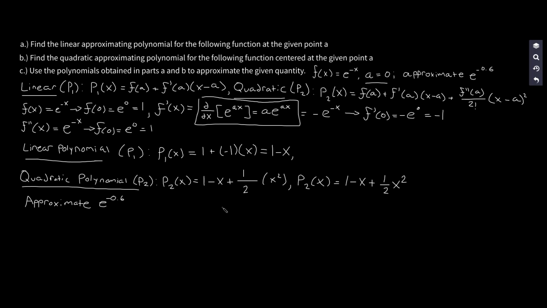I guess just to showcase what's going on, I could plug it in. Let me show you what I'm talking about here. So instead of p sub 1 of x, it's going to be p sub 1 of negative 0.6.